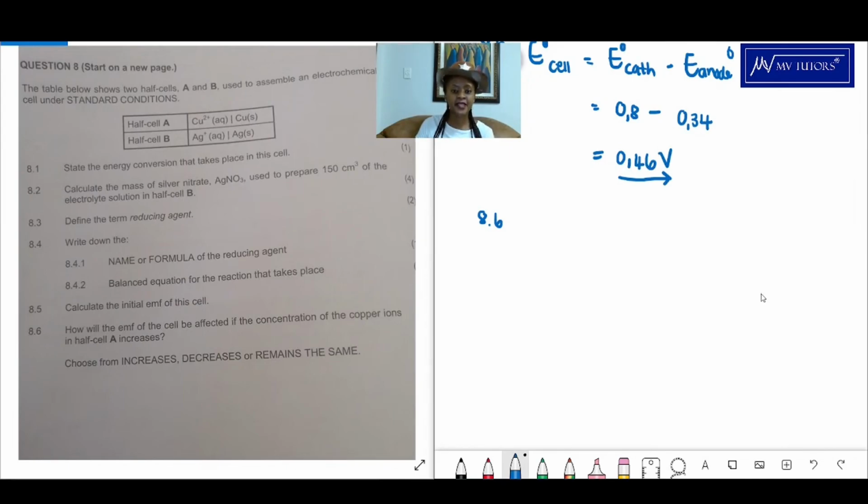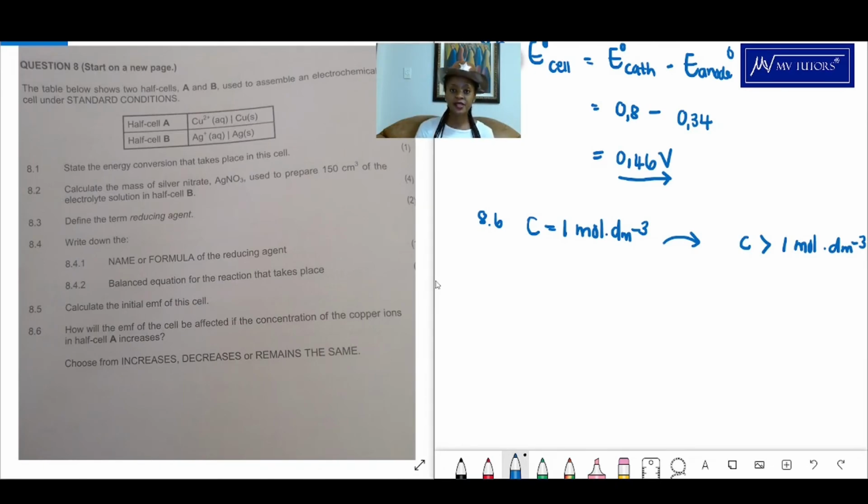Remember, because of standard conditions, our initial concentration is 1 mole per cubic decimeter. So then it tells us that it increases. So the concentration goes from 1 mole to a higher value, a value higher than 1 mole per cubic decimeter. Now it says, how will the EMF of that cell be affected? Will it increase, decrease, or remain the same?